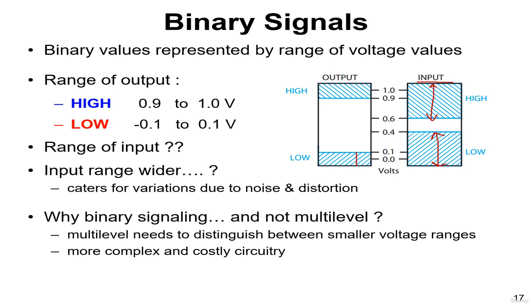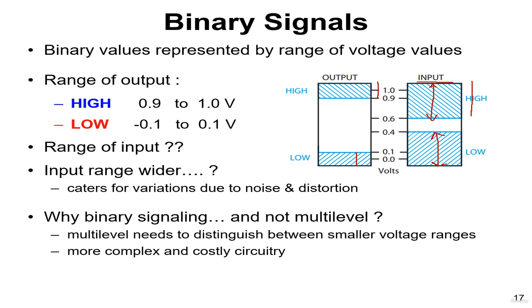So why is there a difference between the ranges for the input and output? If you see, this is the range for high at the input, whereas the range for high at the output is this. So the ranges for the input are kept wider as compared to the output in order to cater for variations due to noise and allow the circuit to function correctly.